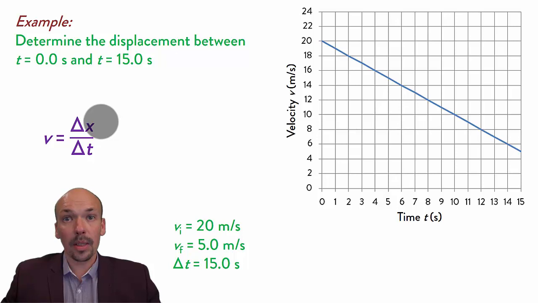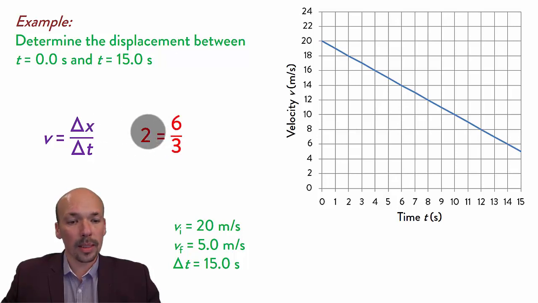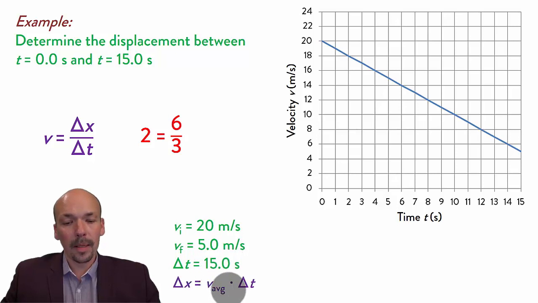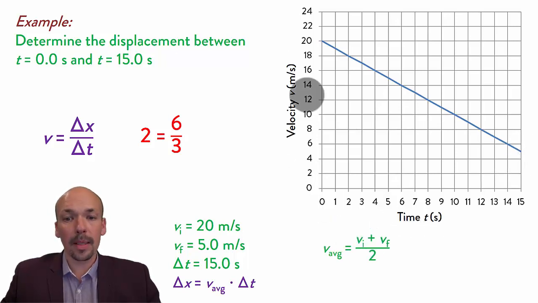We have this equation which we have to rebuild: the velocity multiplied by the time. Again we need the average velocity, and this one works the same as the previous one. We have a straight line here, so we can add the initial plus the final velocity and divide it by 2. It looks exactly the same, it just goes lower, but it doesn't matter.